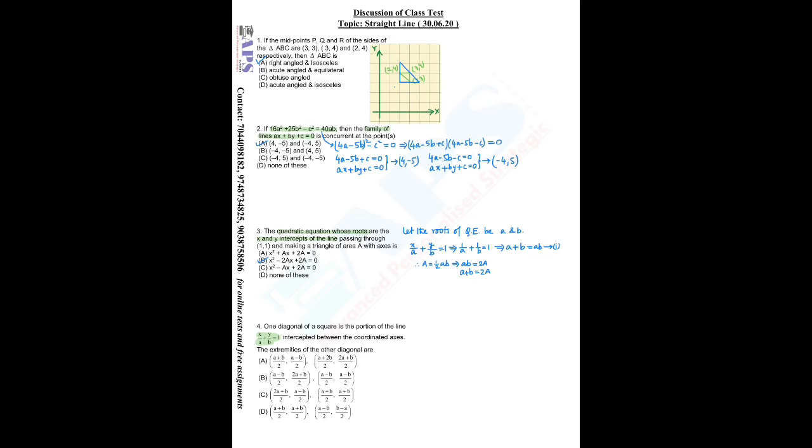And the portion of the diagonal is intercepted between the axes. Okay, let's draw a diagram, maybe that will help us. Let's take the axes. Let us say this is the x-axis and this is the y-axis.